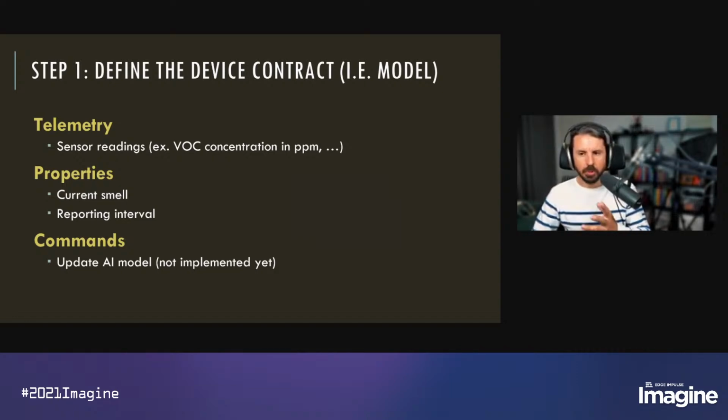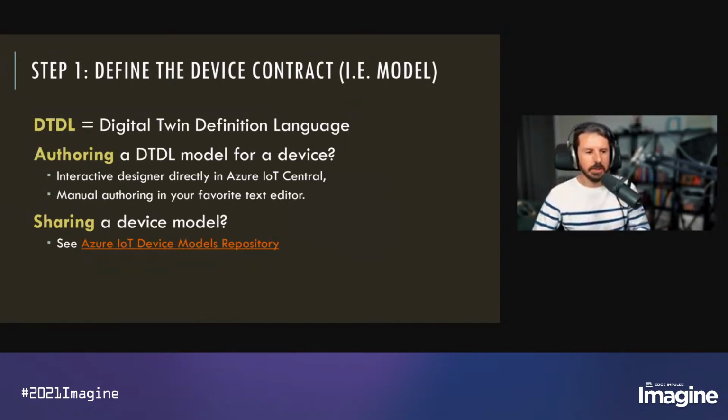And so the way it works in the Azure IoT ecosystem, it's using what we call the Digital Twin Definition Language. So essentially that contract that I discouraged you from maintaining in some kind of Word document, saying, sure, we know how the device is supposed to send data. No, DTDL allows you to do it in a standard way.